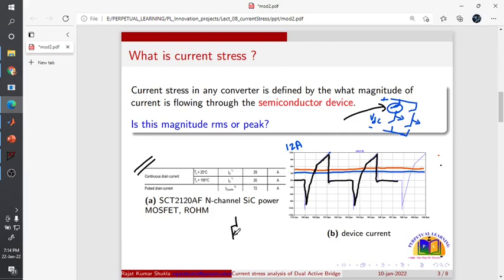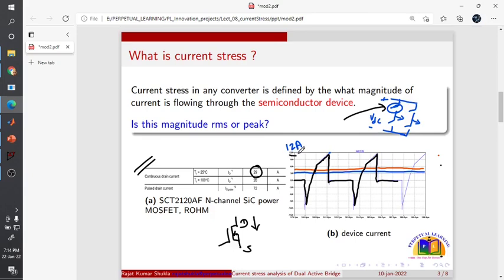As you know, this is the MOSFET symbol, with drain current and source current. The continuous drain current at 25 degrees Celsius is 29 ampere, while in the simulated waveform the maximum current is 12 ampere.